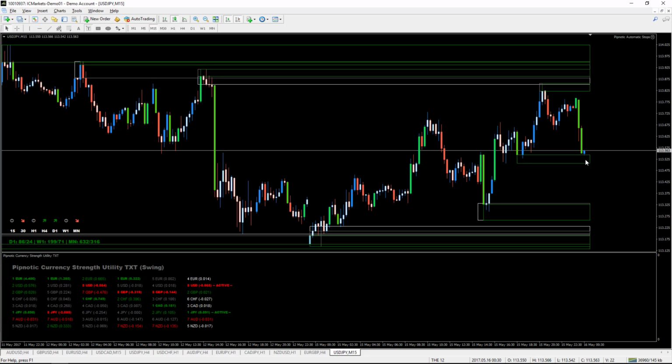It still dumbfounds me how precise these levels are. Anyway, price is moving down very, very quickly indeed. The yen is picking up in strength, the American dollar is starting to turn lower, and this is reflected very clearly in the way price is moving. It's a very clear picture that's being told.